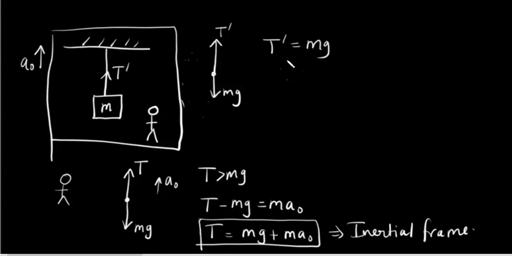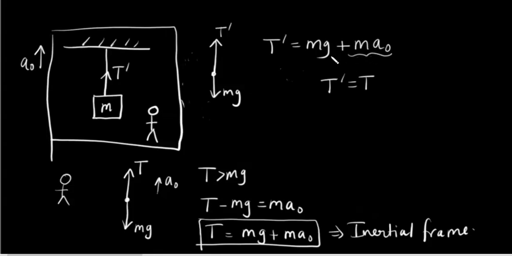Here Newton's second law cannot be applied in the case of an accelerating frame of reference. So to make this law valid, you have to apply an additional force ma0. If I add this additional term, then this tension T dash will be equal to T, and then our case will be valid. So T dash must be mg plus ma0.